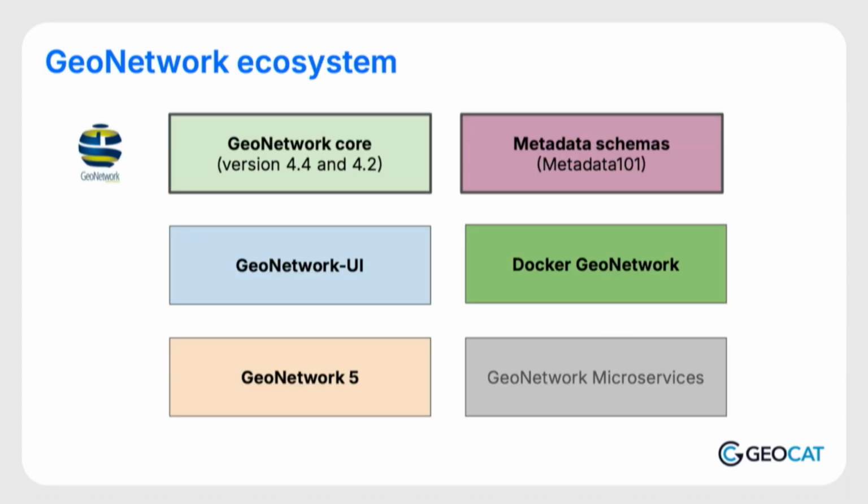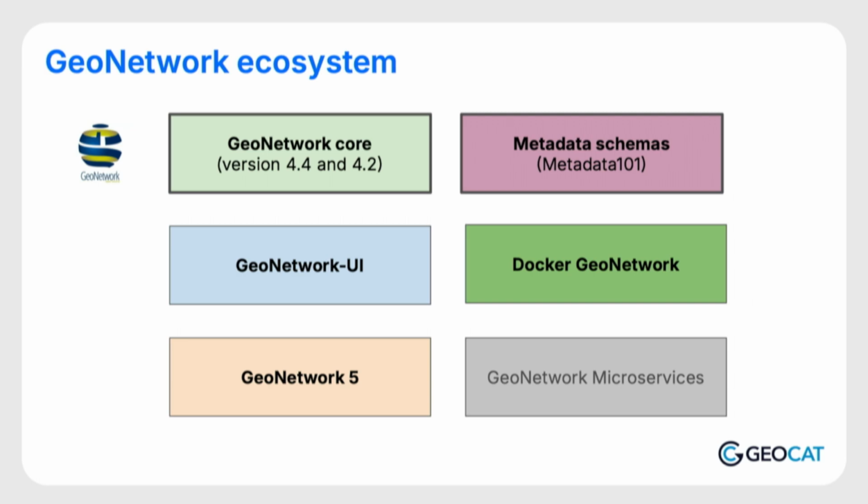So here's a little bit of an overview of the GeoNetwork ecosystem. We've got GeoNetwork Core. This is the GeoNetwork engine. There are two versions in active use right now, version 4.4 and 4.2. I'll be providing updates on those. We've got the Metadata 101 schema repository, and this is where the various national and industry groups manage their metadata schemas.